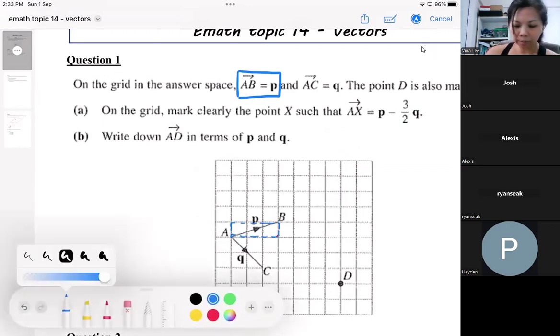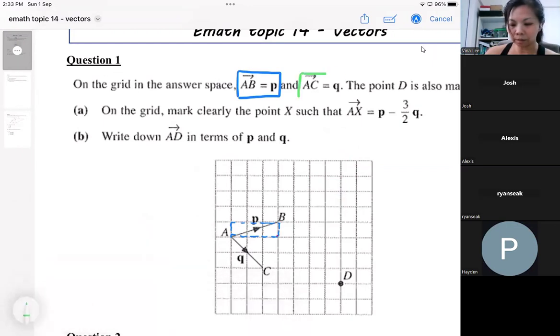If I do the same thing for this part, AC, AC is vector Q. When I look at Q, it is a tile of 4 squares.